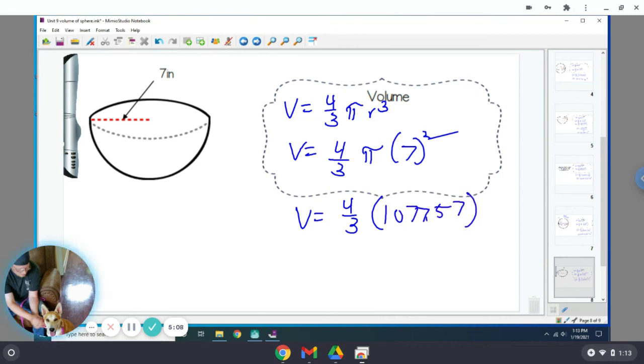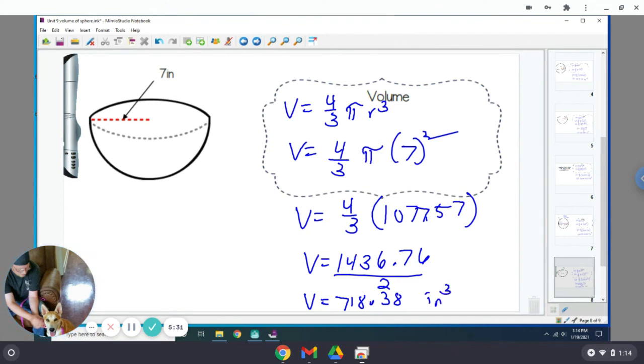And then multiply that by 4/3. And then divide this by 2, because it's a hemisphere, it's half of a sphere. And you get 718.38 inches cubed.